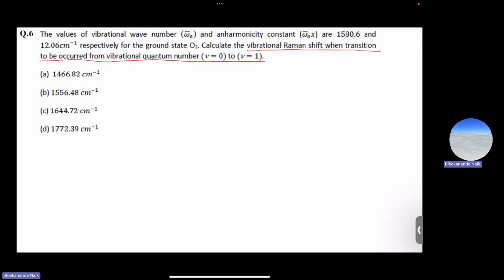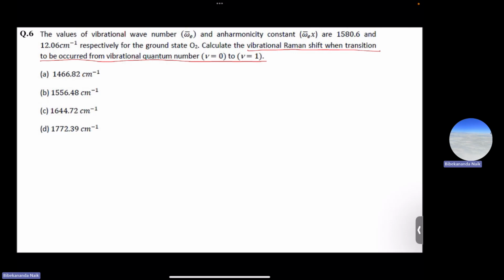In the previous question, we discussed how to calculate the energy for a particular level. Now, this question asks for the vibrational Raman shift when the transition occurs from vibrational quantum number v equal to 0 to v equal to 1. So we will consider two levels: v prime is 1 and v is 0.